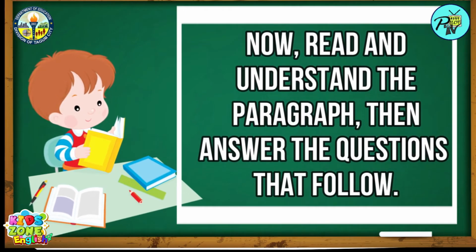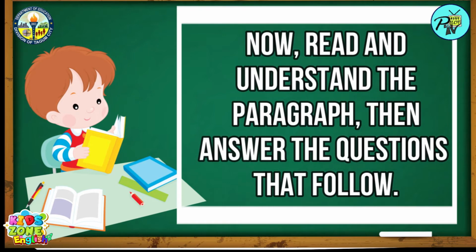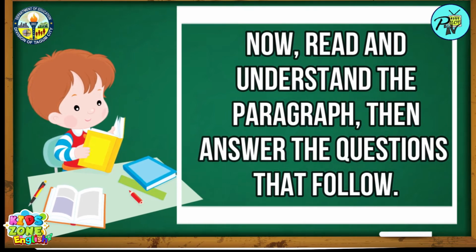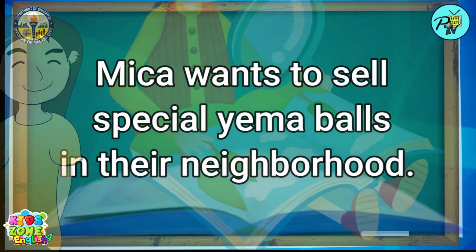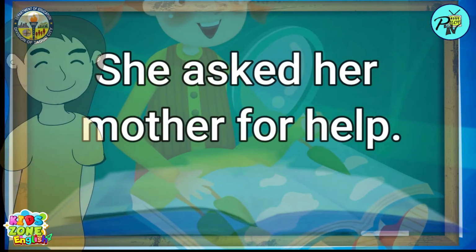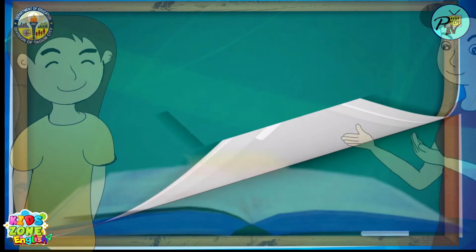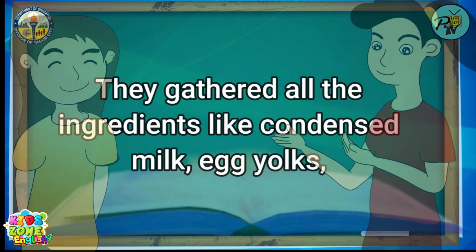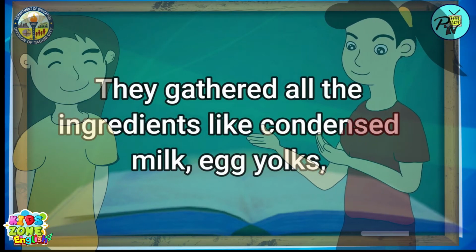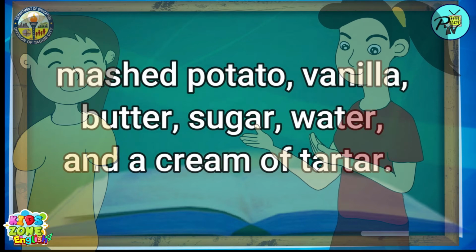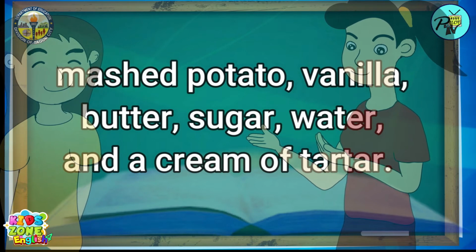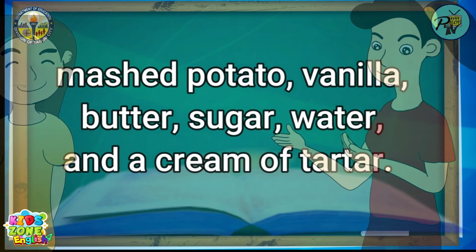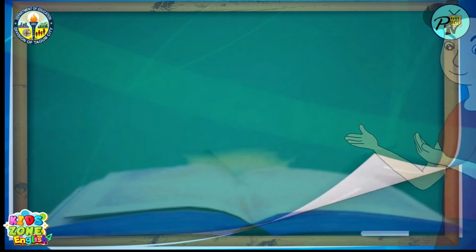Now, read and understand the paragraph, then answer the questions that follow. Mika wants to sell special Yama balls in their neighborhood. She asked her mother for help. They gathered all the ingredients like condensed milk, egg yolks, mashed potato, vanilla, butter, sugar, water, and a cream of tartar.